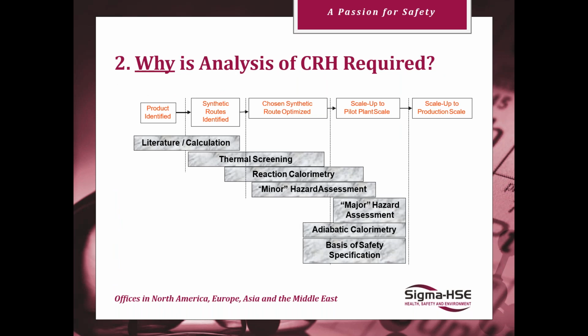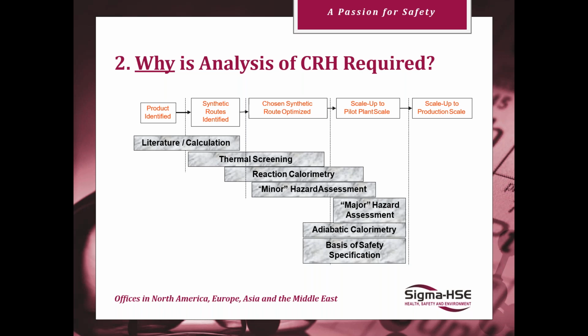So, second section, why is analysis of CRH required? And where does this kind of slot into your processes or new method developments in industry? So early on, you've got a new product identified and you're wanting to make. You're looking at potential routes to make that, and you've got a lot of desktop studies to make at that point, but you can also start looking at thermal screening.